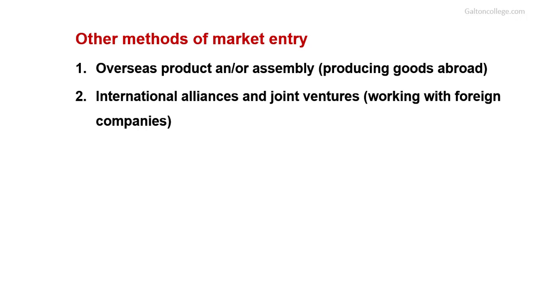International alliances and joint ventures, that has been used quite extensively. A company in one country, a company here in the UK will form an alliance with a company in Nigeria or in South Africa or wherever, some other country, and will work with them. It's a joint venture. They're doing it together.